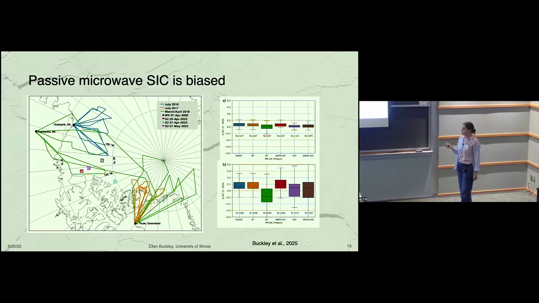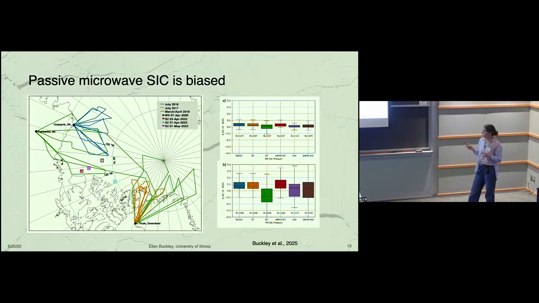And we're using that because that's like a standard. That product is made up of the Bootstrap and NASA Team algorithms, so we're looking at both of those as well. And then this one is the AMSR2 satellite with the NASA Team 2 algorithm applied to it. Then we have OSI SAF, and then AMSR2 with the ARTIST Sea Ice algorithm applied to it, which is higher resolution.